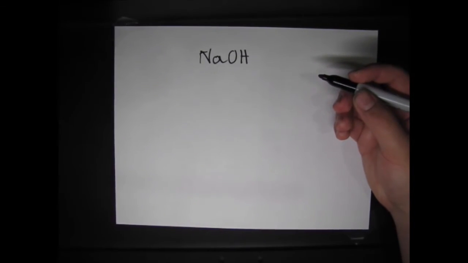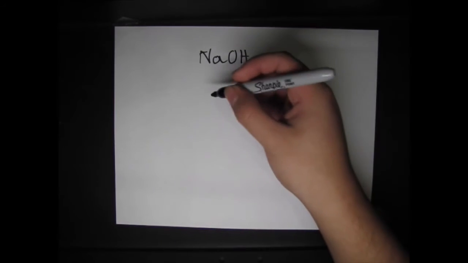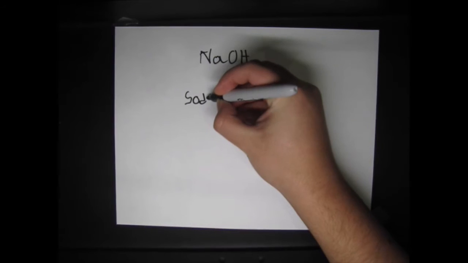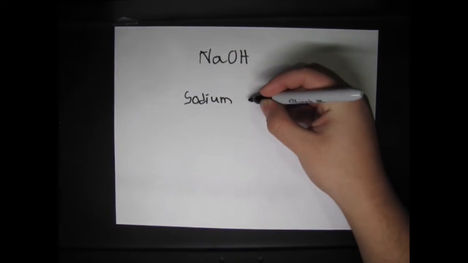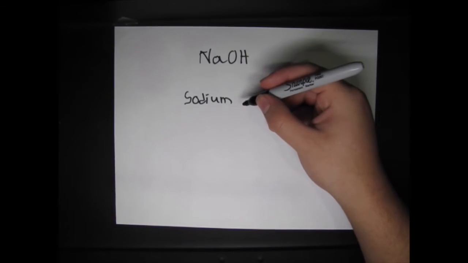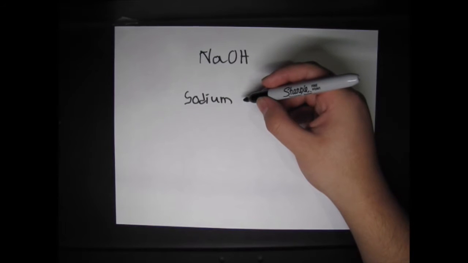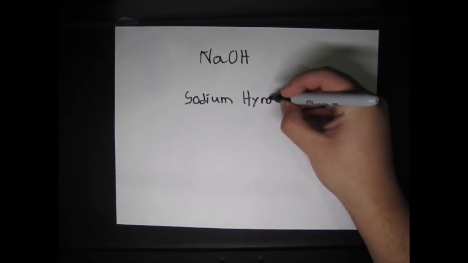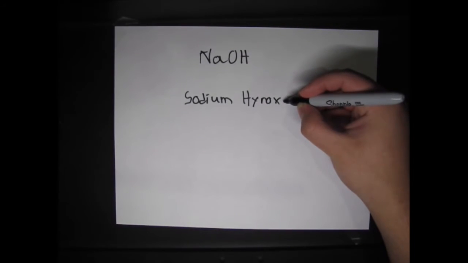You're actually just going to use the exact same names for the elements, and so you're just going to end up with sodium, and unlike the regular ionic formula, we're just going to keep the hydroxide name.